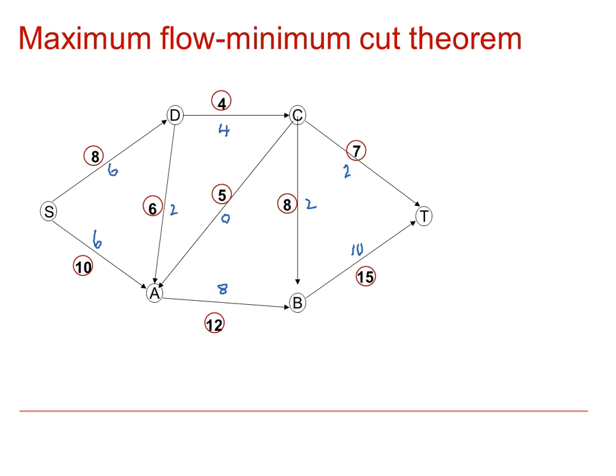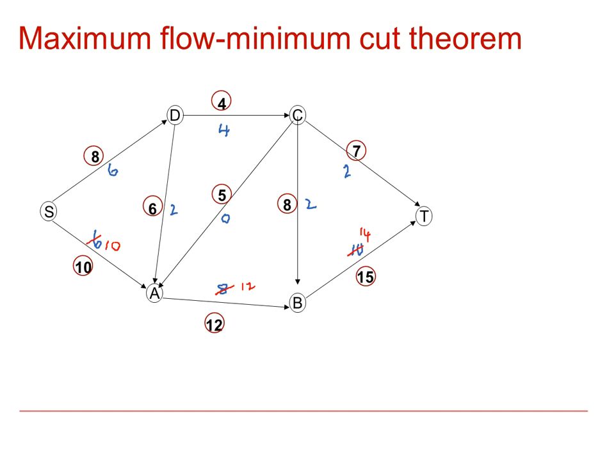Well, I think you'll see that it's very easy to increase this by adding some more along from S to A to B to T. So we can actually increase that up to 10 coming into here, and then 12 coming into there. So adding an extra 4 and 14. So we've now got a flow equal to 16.